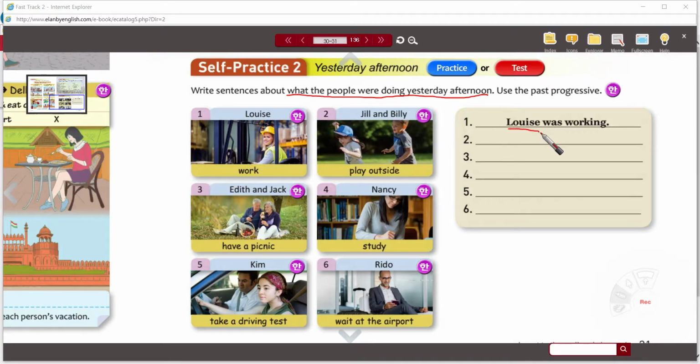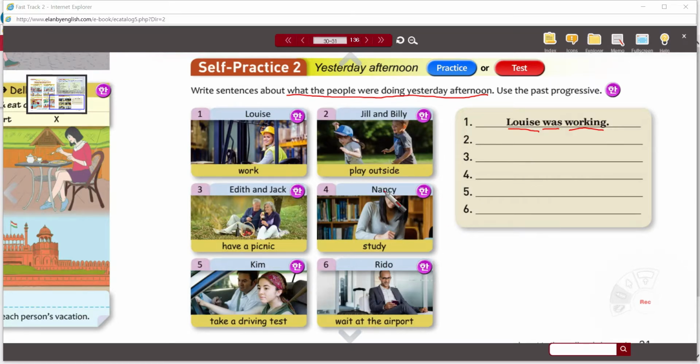So Jill and Billy were playing outside. Okay. That's number 2. Number 3, what were Edith and Jack doing yesterday afternoon? Edith and Jack were having a picnic. Edith and Jack were having a picnic yesterday afternoon.